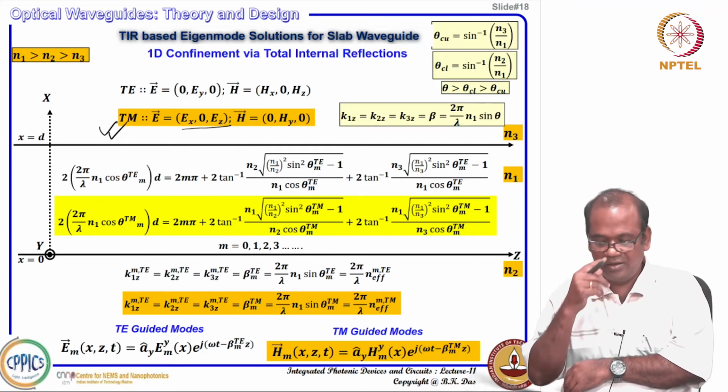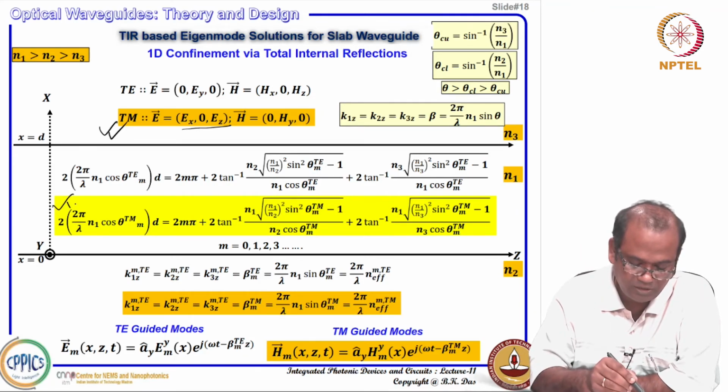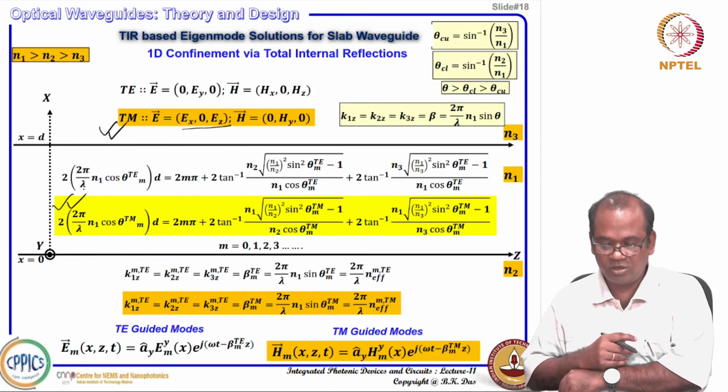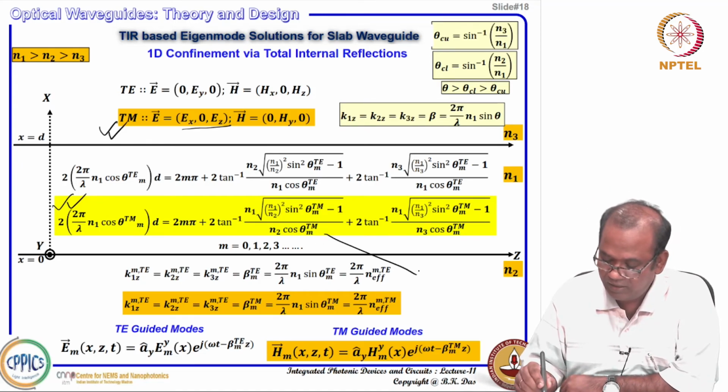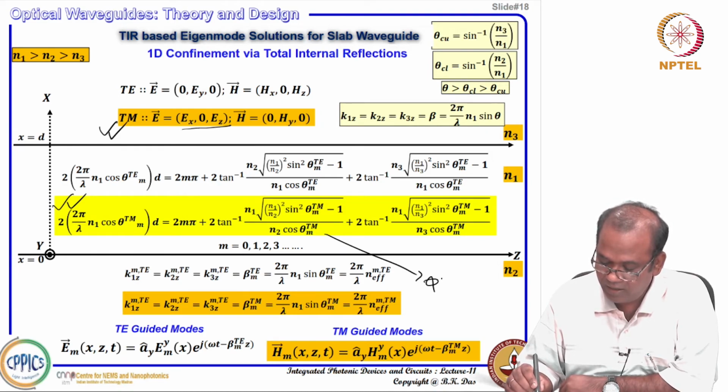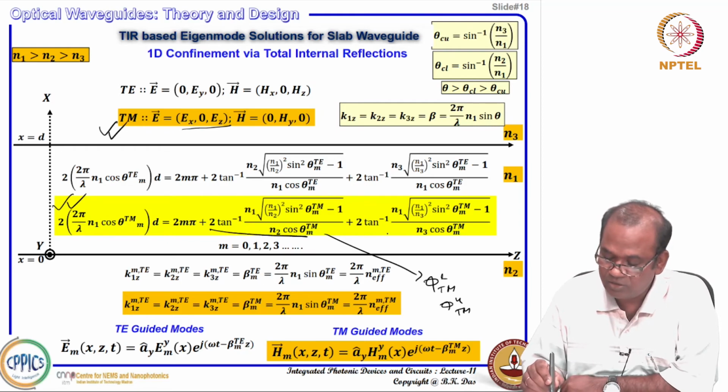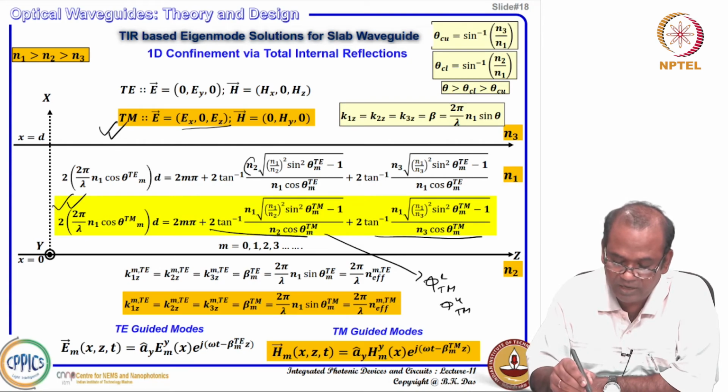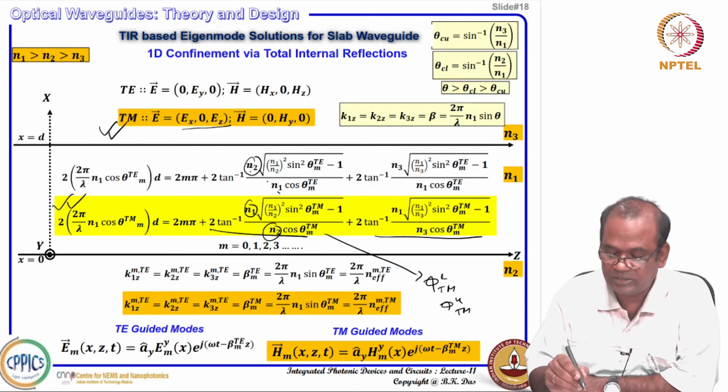For that we have another set of eigenmode solutions, because you are entering phi L TM and phi U TM. We have to put 2 tan inverse, and all the values will be there. This function will be slightly different: n2 and n1 will be interchanged.